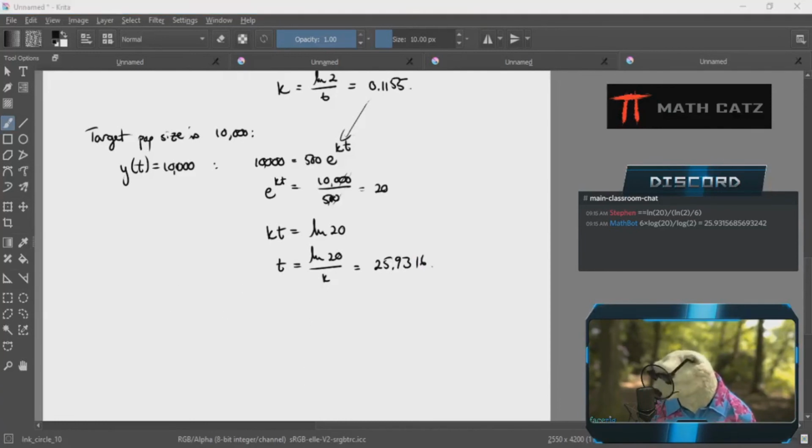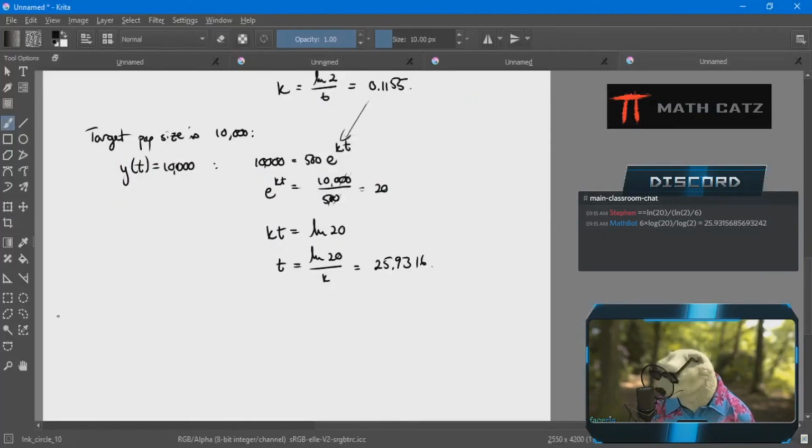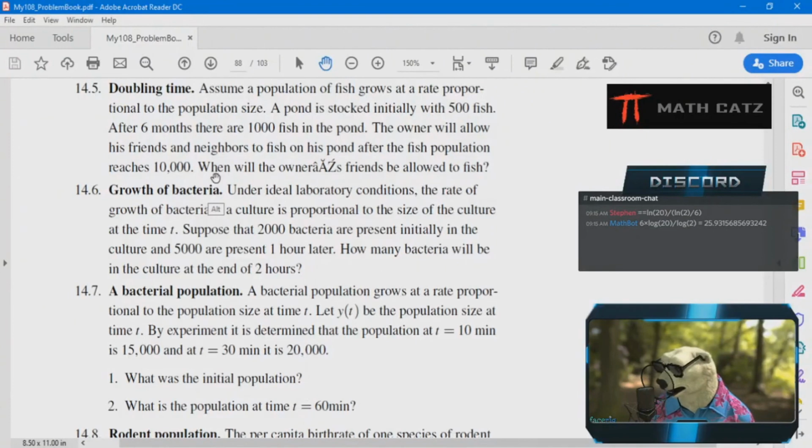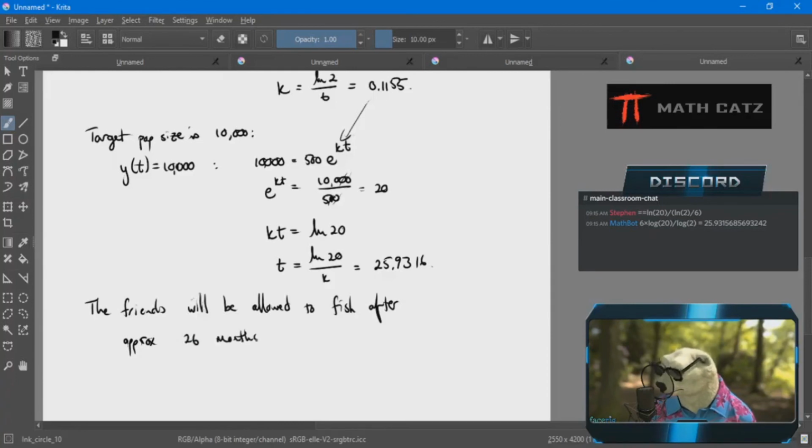So now T was in months. So it's going to take a while for his neighbors to come fish. It's going to take almost 26 months. Now I look back at my question. When will the owner's friends be allowed to fish? So the friends will be allowed to fish after approximately 26 months.